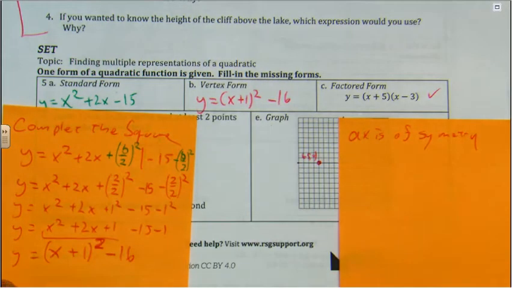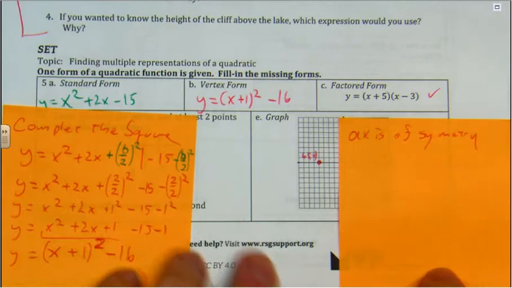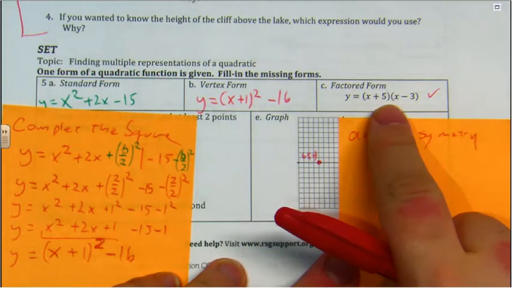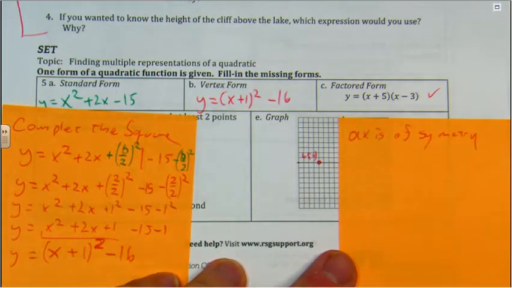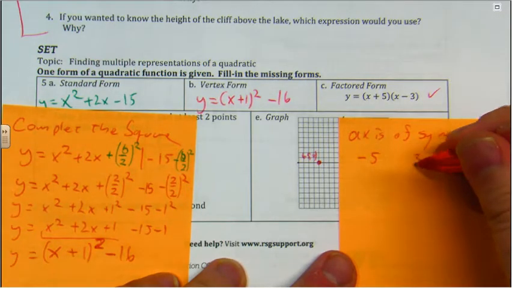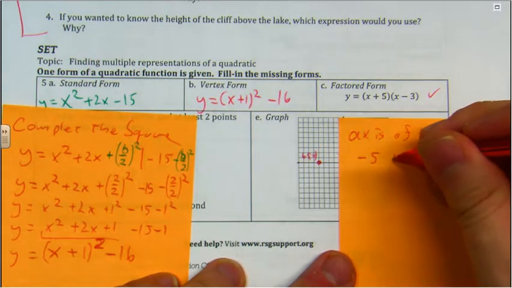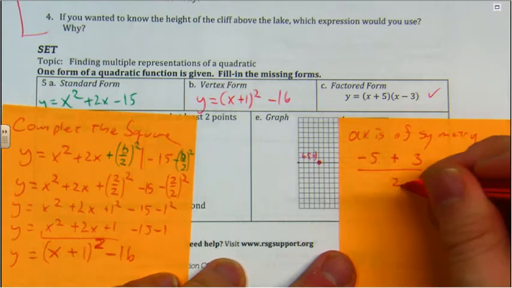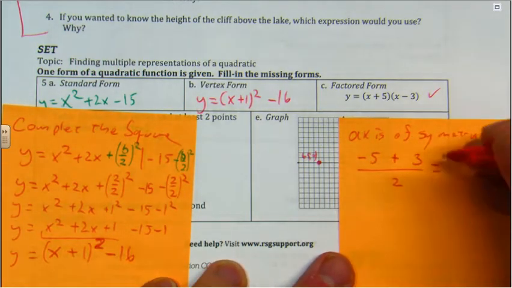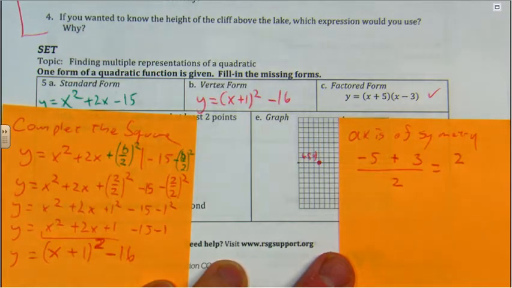But I can also do it by calculating my axis of symmetry. To do that, I need to first find my axis of symmetry. So I have my zeros, right? I know negative 5 and 3 are my zeros. So if I add those together and divide by 2, I'll get the average. Okay, so negative 5 plus 3 is going to be 2. Oh, I'm sorry, negative 2.